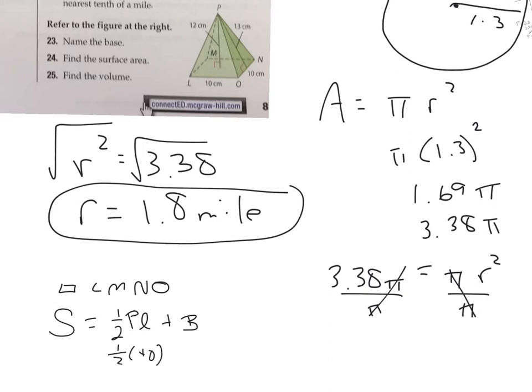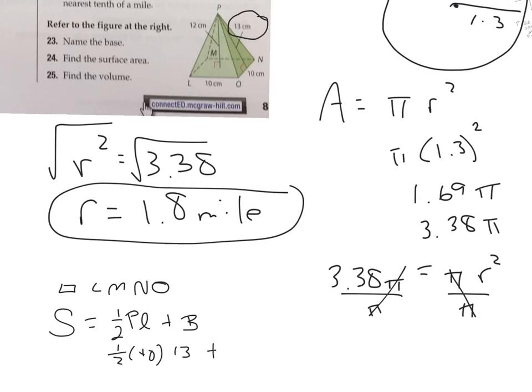times the slant height. Now remember, in a pyramid, the slant height goes from the vertex down to the base, forming a 90-degree angle. If you look at your figure, 13 centimeters would be the slant height. So put 13 in for slant height, plus the area of the base.